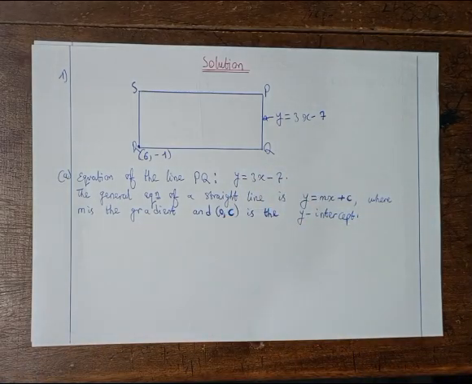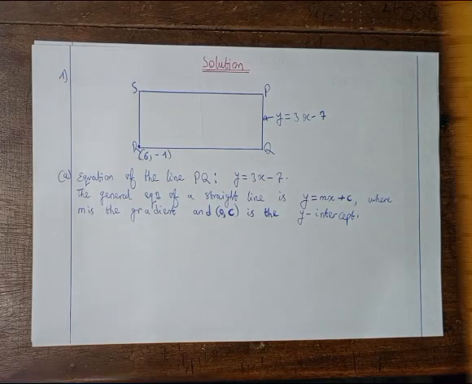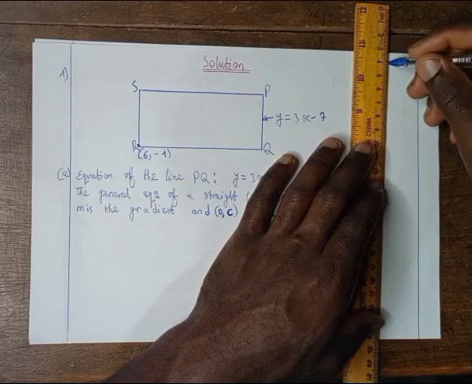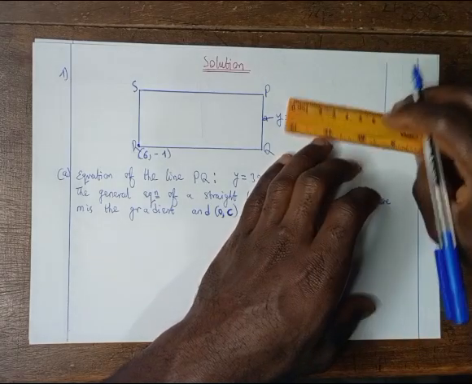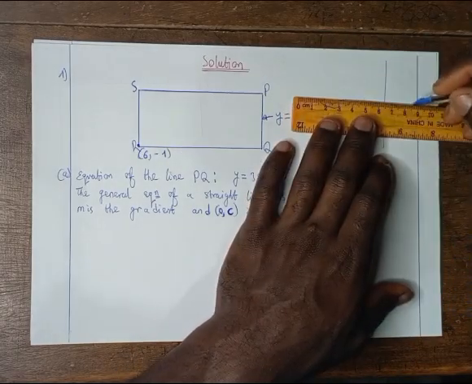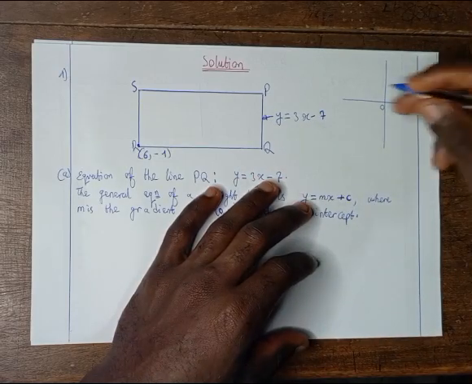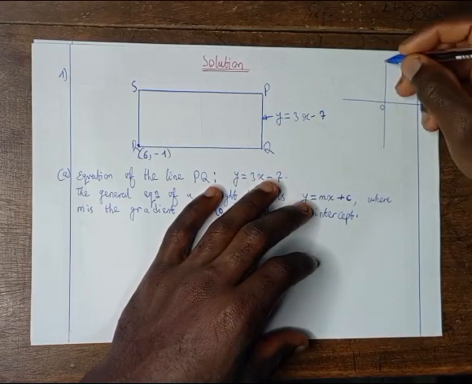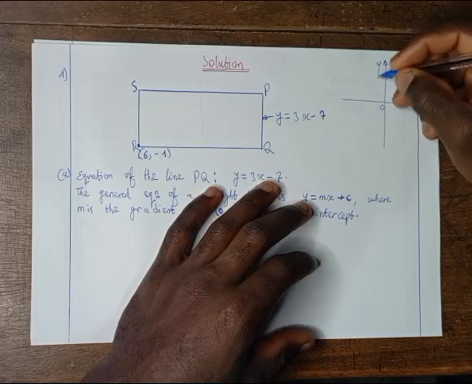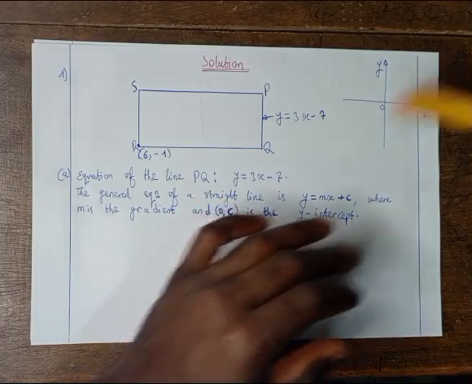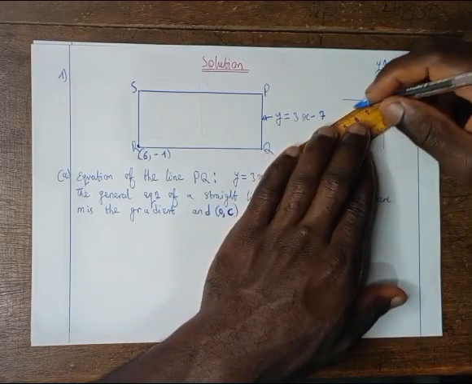That means where this line cuts the y-axis. If we are to draw a pair of coordinate axes, this is the origin where we have 0. This horizontal line is the x-axis. The vertical line is the y-axis. So if we have this our line, let's assume the line is as such.